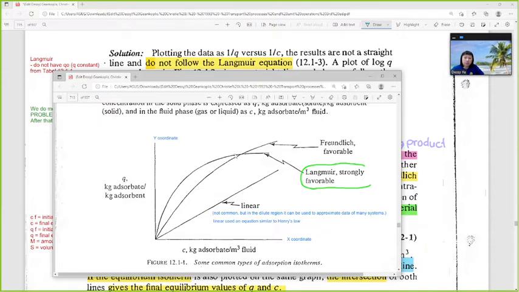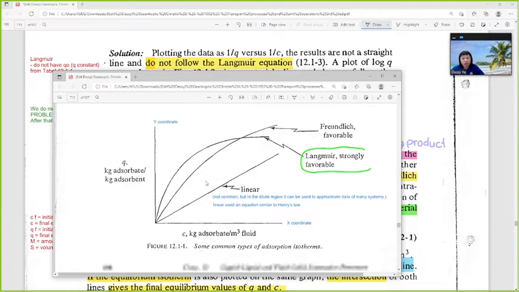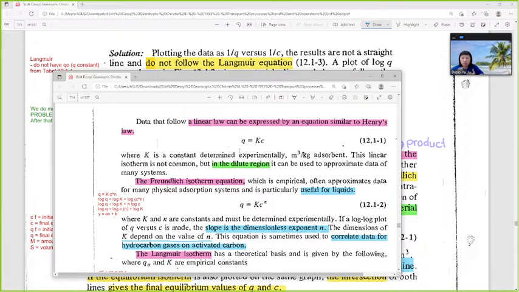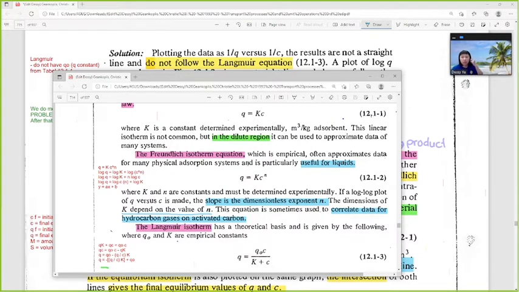We get this curve from the three equations here. In linear you can use this equation, and it doesn't need modification, but in Freundlich and Langmuir you need some modification from 12.12.